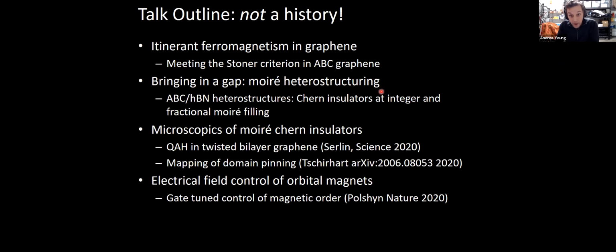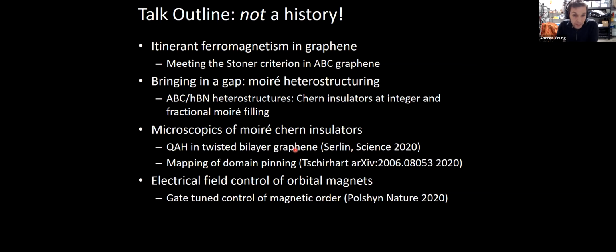I'll talk about what you can get by introducing a moire pattern, so a superlattice potential that allows you then to have, in particular, energy gaps at finite density, which correspond to commensurate fillings of that moire lattice. I'll tell you about some of our work on understanding the microscopic picture for pinning and dynamics in moire Chern insulators.